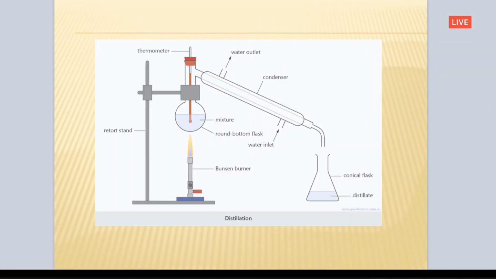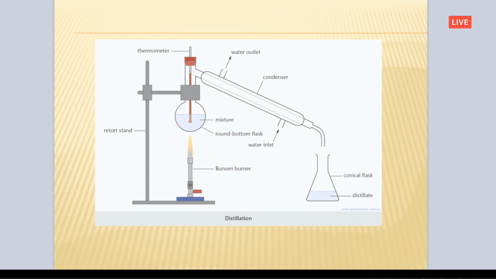All right, so here we have our condenser, sorry, the water inlet at the top. Water out at the bottom. So those two ports will be used to cool the condenser. We have our round bottom flask, which will be heated using our Bunsen burner. Our mixture will be heated.